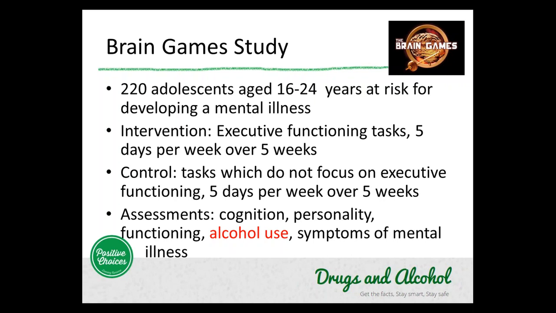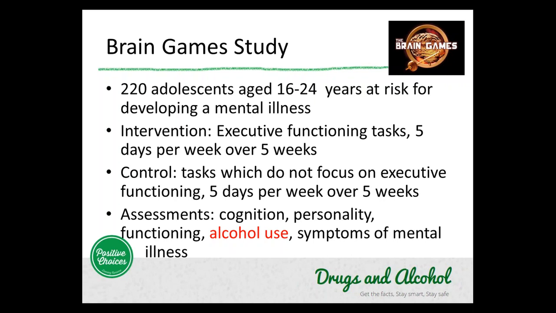By the age of 25, 75% of people who are going to develop a mental illness have already developed it. And it may be that, particularly in terms of the prefrontal cortex, the delayed maturation of that area is one of the reasons why we're seeing adolescence as the peak onset for a range of different mental illnesses.